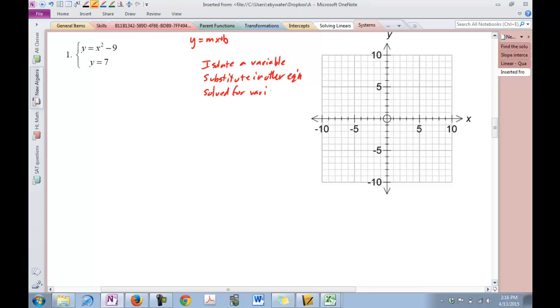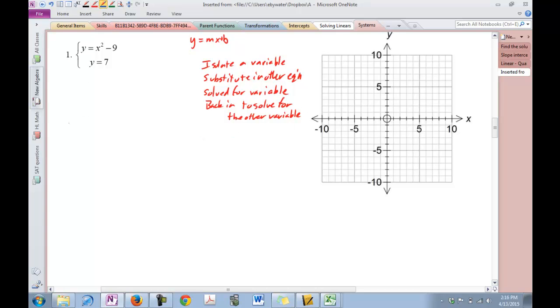Once you had the variable by itself and knew its value, you put it back in to solve for the other variable. Right? Hopefully what I just said and wrote down makes sense along with what you've been doing in the past with linear systems. We're going to do exactly the same thing here.